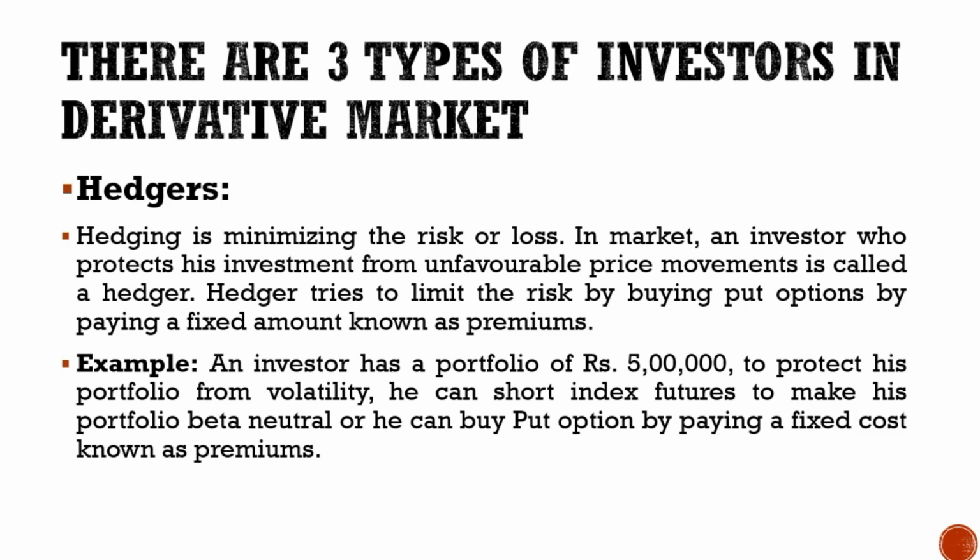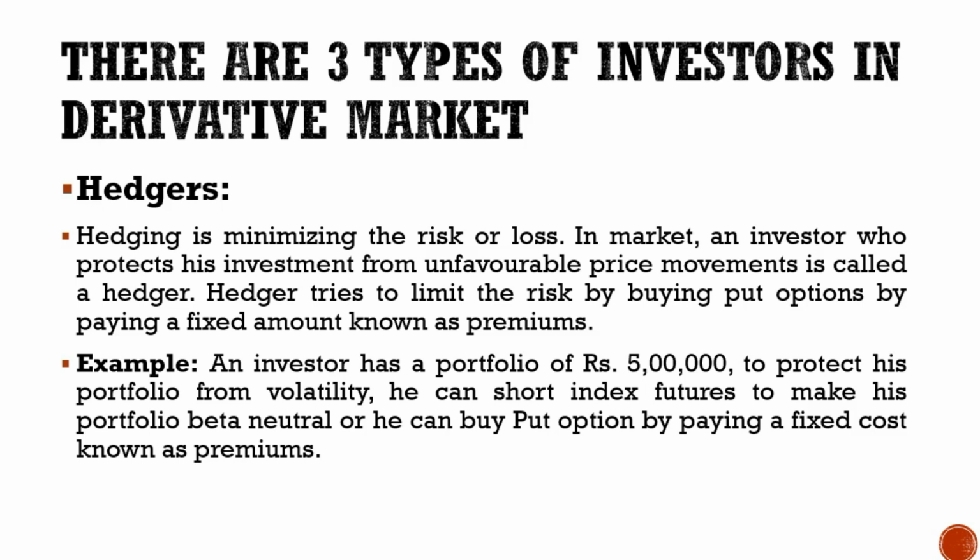So a hedger can use either short index futures or a put option in order to save his investment from the volatility of the market. So this was the second type of investor in the derivative market.